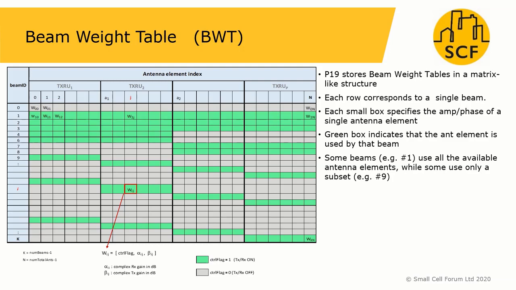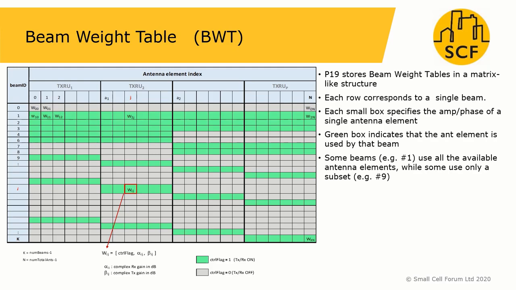For instance, beam ID number 4 utilizes only half of the n antenna elements, while beam ID 1 uses all of the antenna resources. By assigning non-overlapping subsets of antenna resources, multiple beams can be enabled simultaneously without causing any contention.